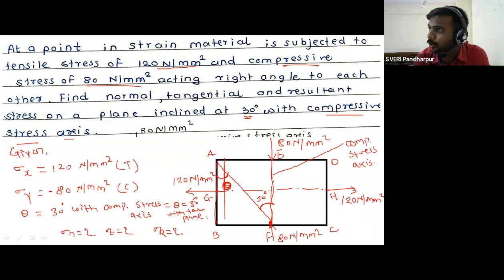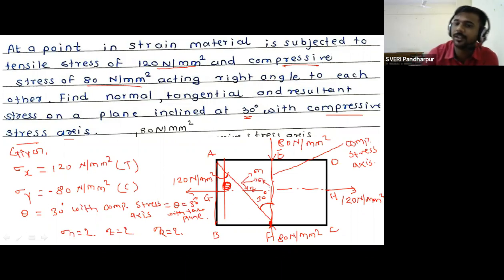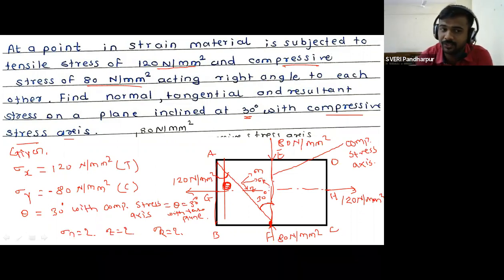So which 2 points you have to join so that our condition will be satisfied. Initially I have represented the inclined plane like this, and on it you have to find the normal stress, the tangential stress, and the resultant stress. Now you have all the values, sigma x, sigma y.